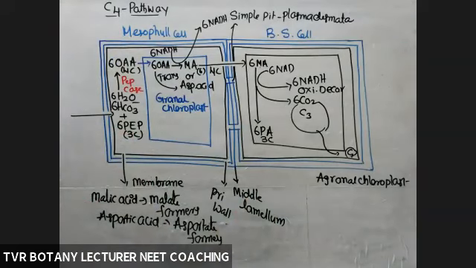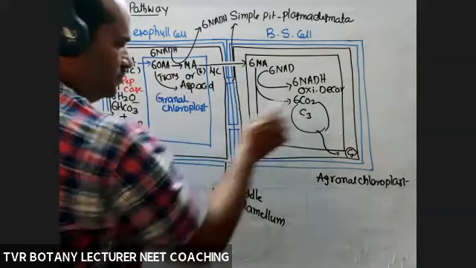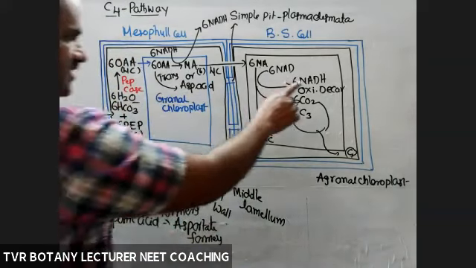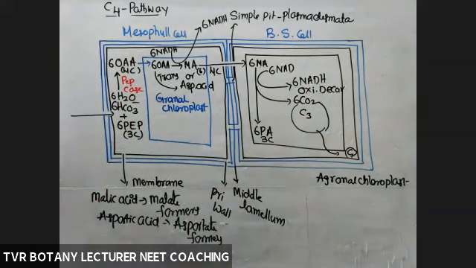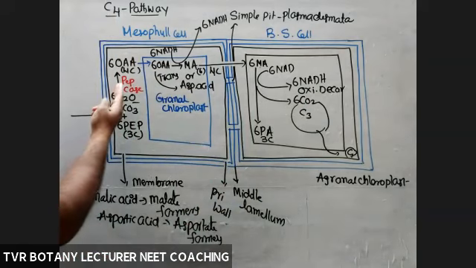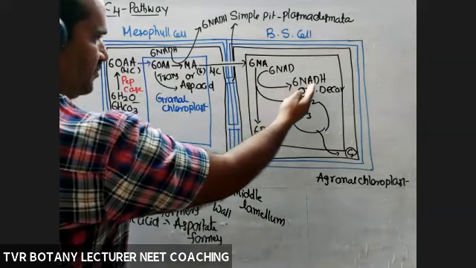So the ratio between carboxylations and decarboxylations is 2:1. Total number of carboxylations 2 and total number of decarboxylations 1.